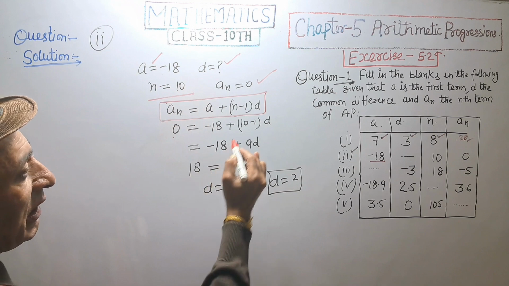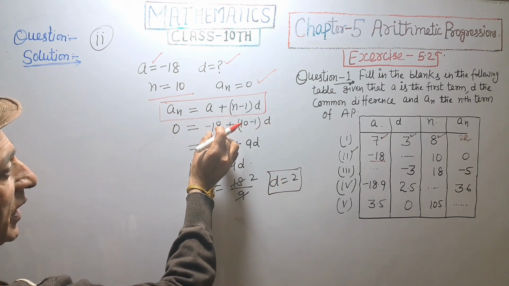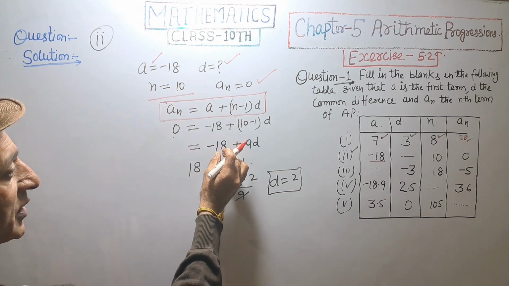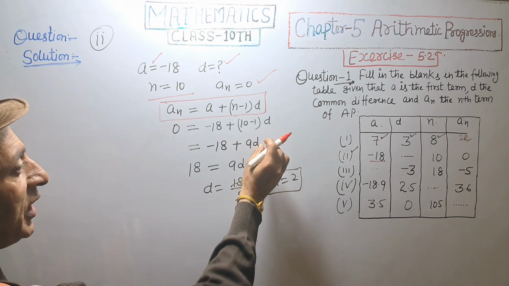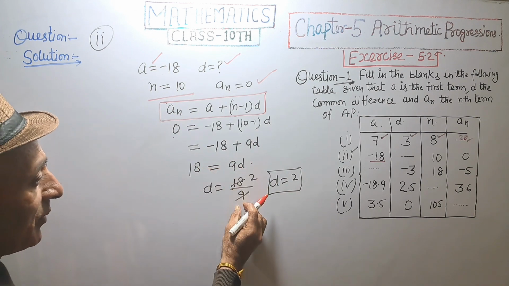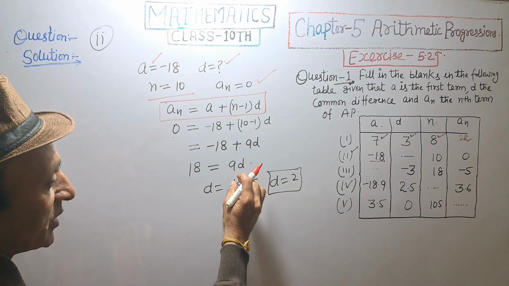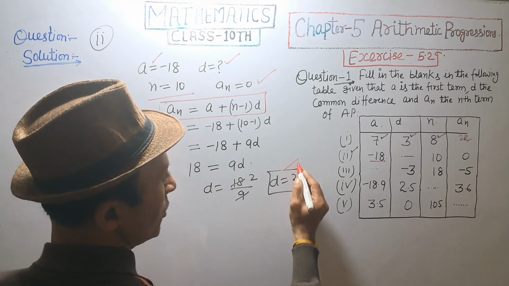N is here 10. 10 minus 1 into D. Shifting left side minus 18, that will be positive, and plus D is right side. D is equal to 18 divided by 9, and which is completely divisible by 2. So D is equal to 2.